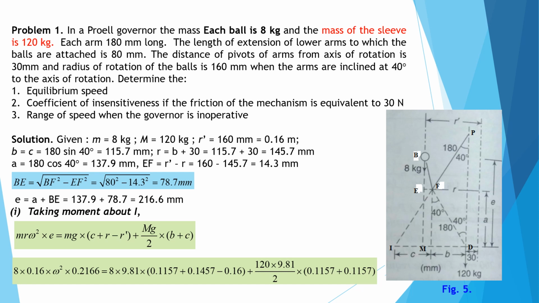Determine first the equilibrium speed, second the coefficient of insensitiveness if the friction of the mechanism is equal to 30 Newton, and third the range of speed when the governor is inoperative.